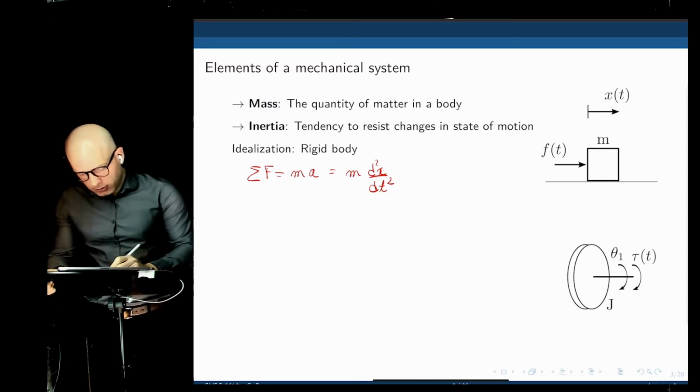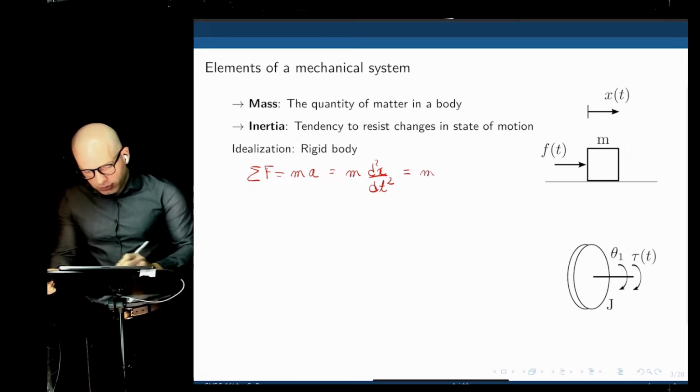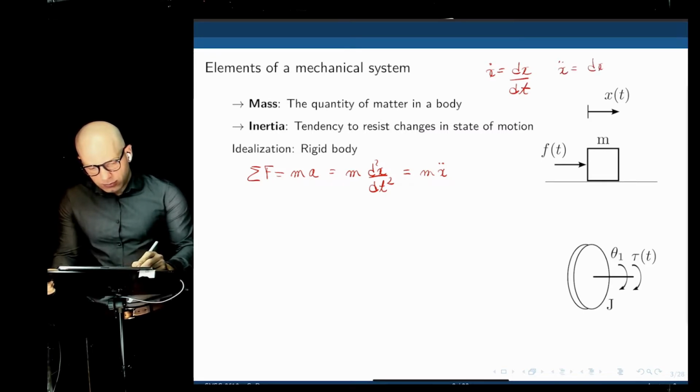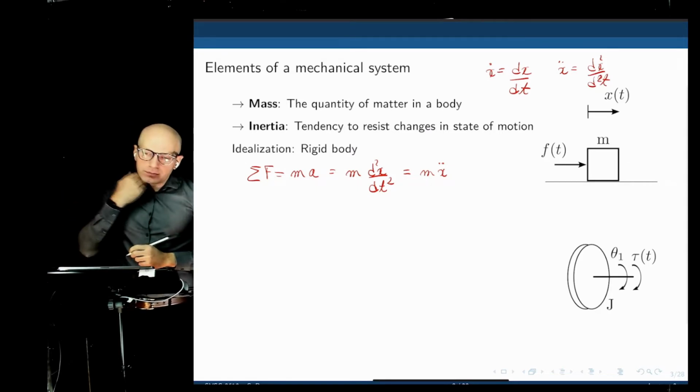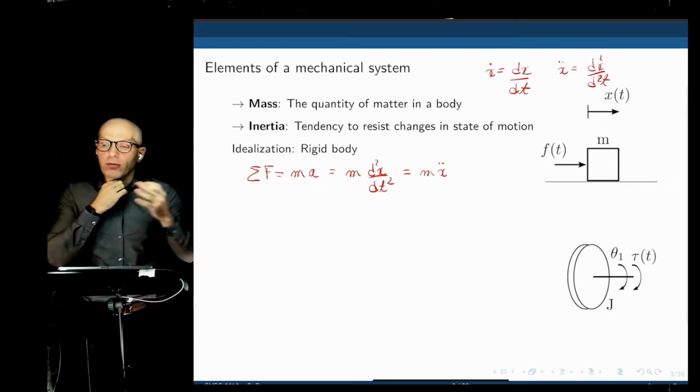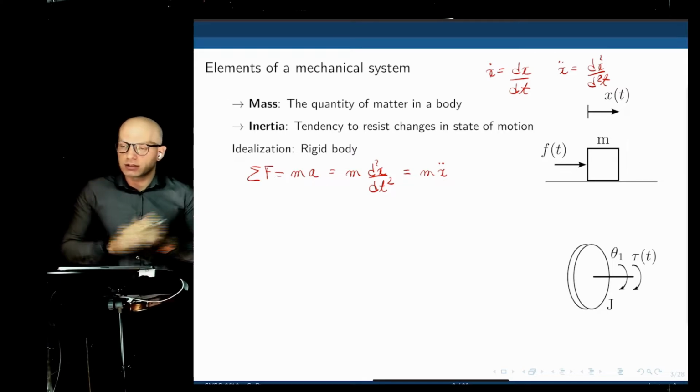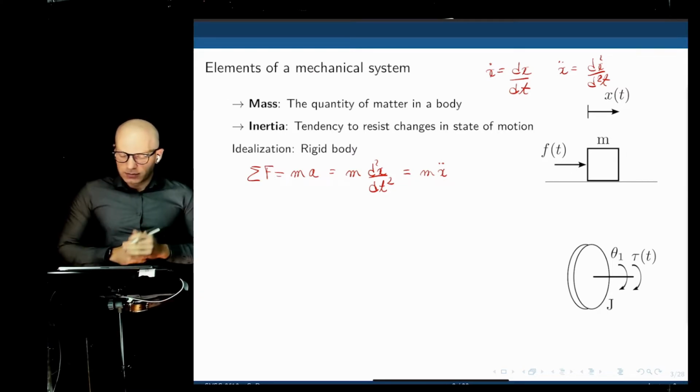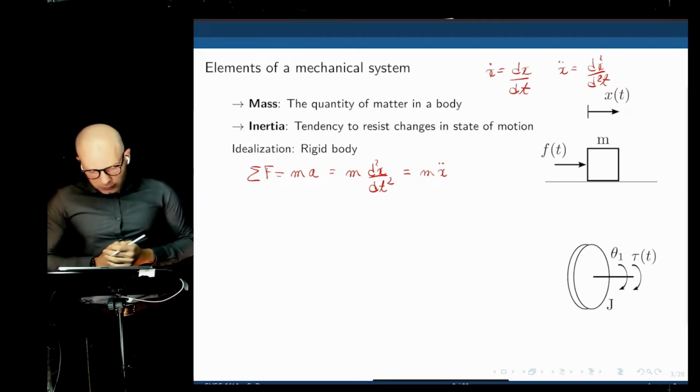So this can actually be written as m x double dot, where x dot equals dx/dt, and x double dot equals d²x/dt². Okay, so sum of all forces equals mass times acceleration, m times x double dot.